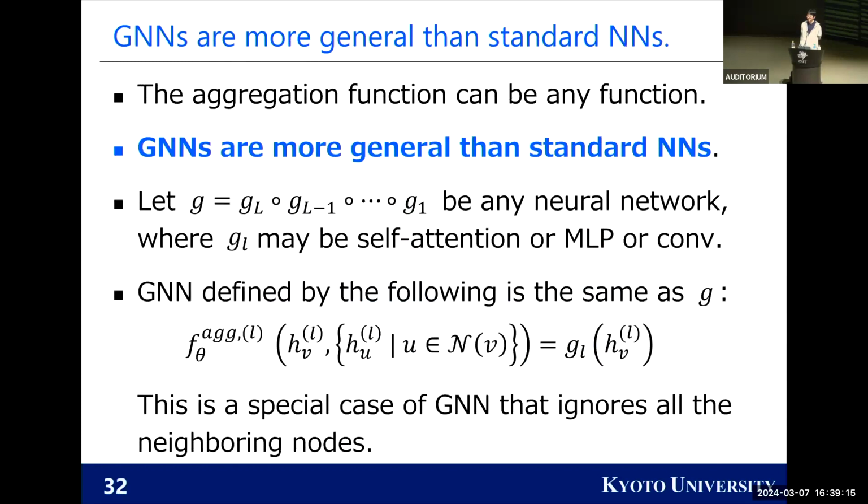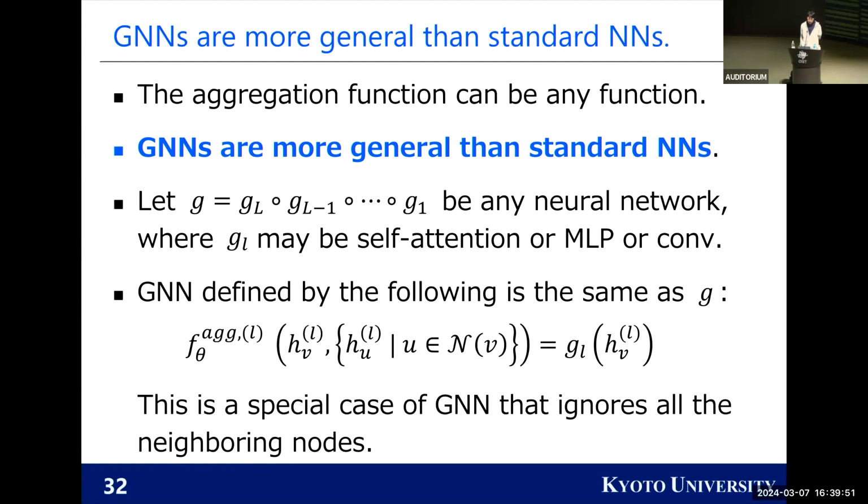So this is the definition of graph networks, and the important property of graph neural networks is that the aggregation function can be any function, and GNNs are more general than standard neural networks. Let G be any neural network you want to use, an L-layered neural network defined by G1, G2 to GL, where GL defines the Lth layer. GL can be any layer like self-attention, MLP, convolution, or batch normalization, or any layer you want to use.